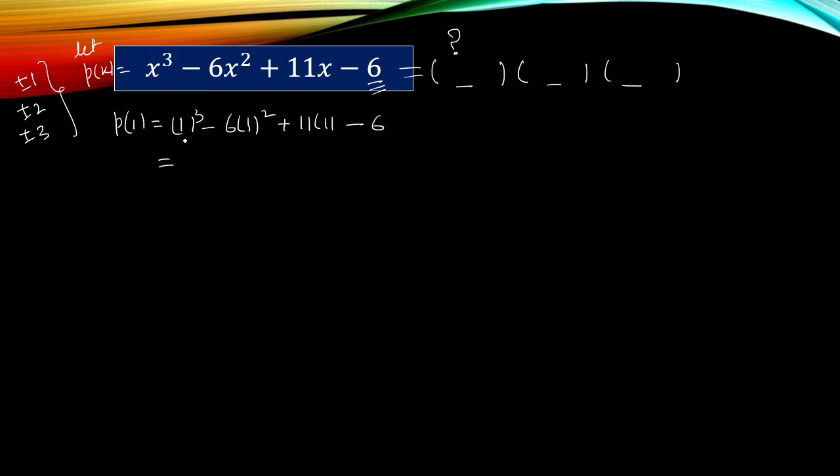Ultimately we get 1 cube, that is 1, minus 6 into 1 square, that is 6 into 1, that is 6, plus 11 minus 6. So we get the value of the polynomial at 1 is 0. Therefore x is equal to 1 is one of the zeros of the polynomial.